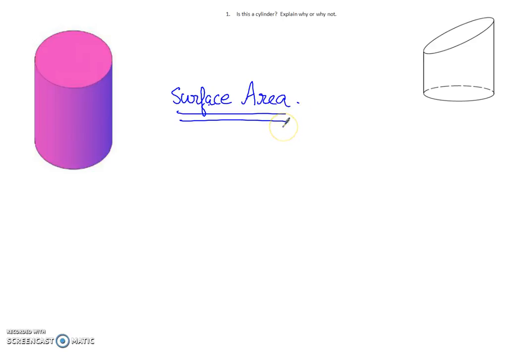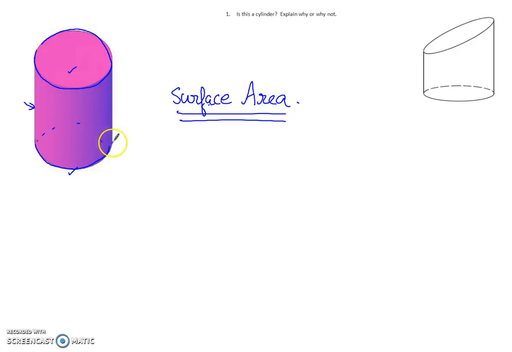If you think about a cylinder, it has two bases that are the same. There's a circle on the top and a circle on the bottom which are exactly the same, and then you have a surface on the side.